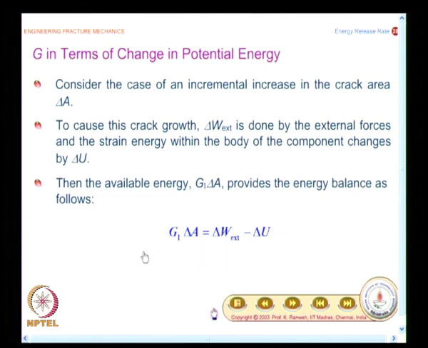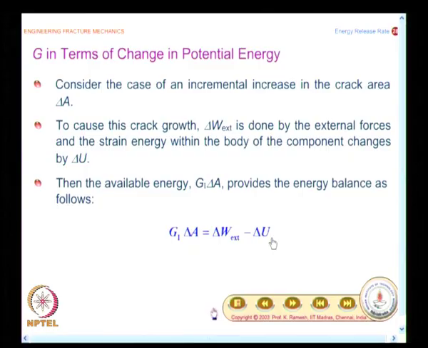Since in our development we have already looked at what is energy release rate, we could write G1 into delta A, to denote that we are discussing the mode 1 situation, that is equivalent to change in external work done minus change in strain energy.